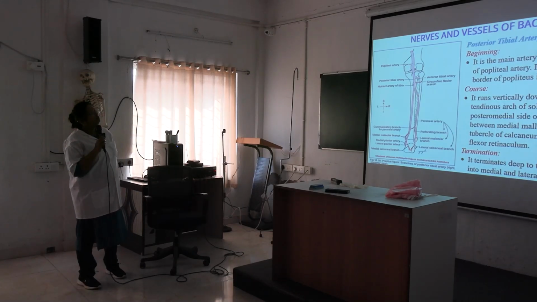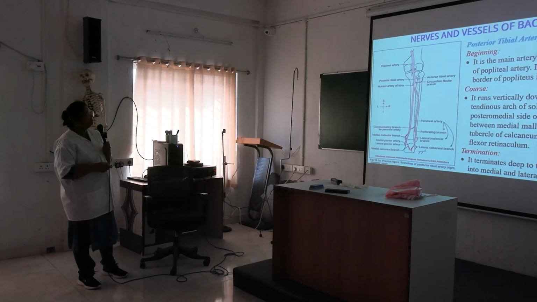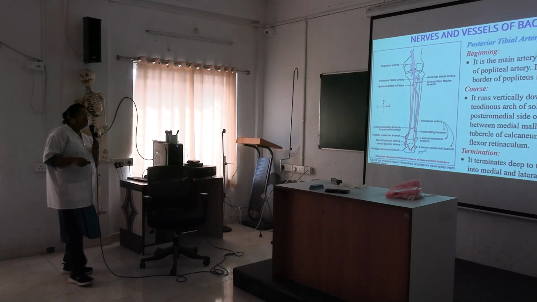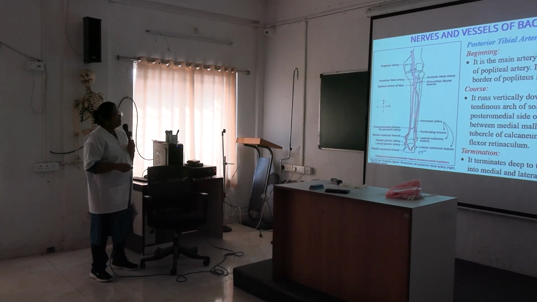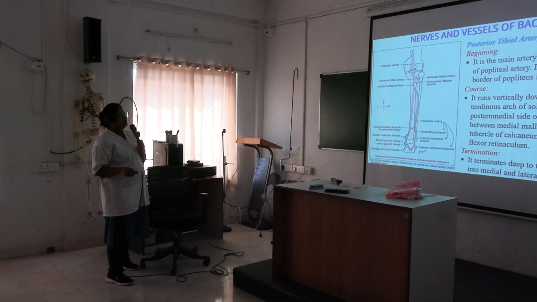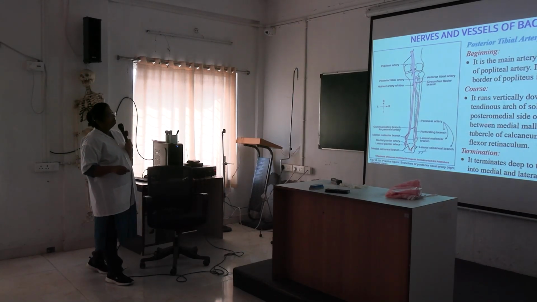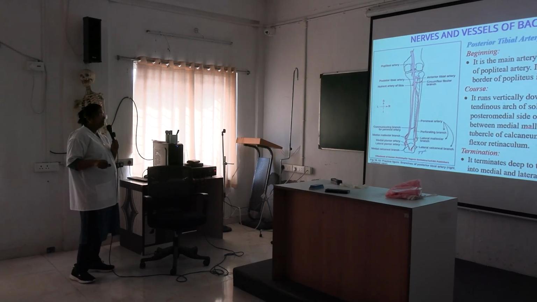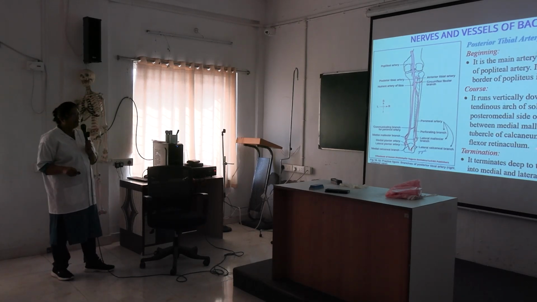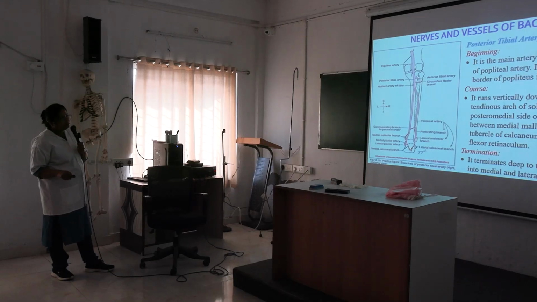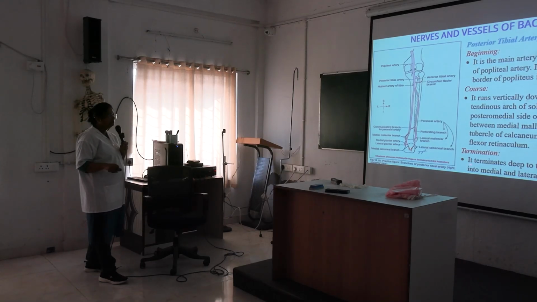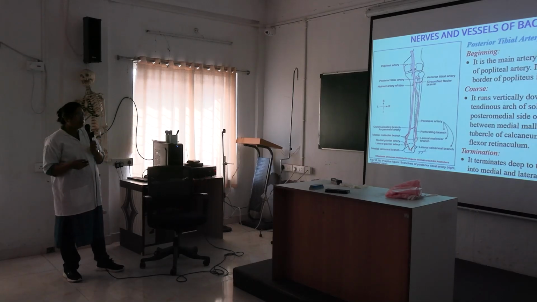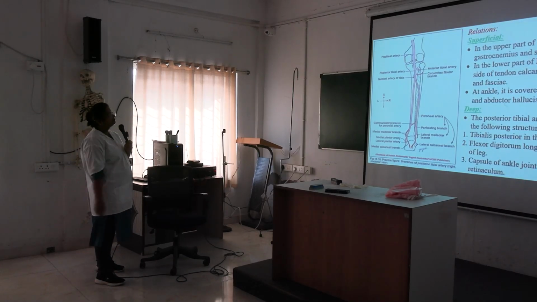Its course: it runs vertically downward under the tendinous arch of soleus to reach the posteromedial side of the ankle, midway between the medial malleolus and medial tubercle of the calcaneum under cover of the flexor retinaculum. It terminates deep to the flexor retinaculum into medial and lateral plantar arteries.